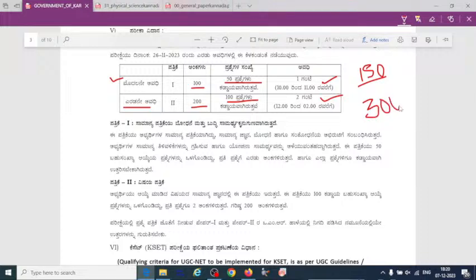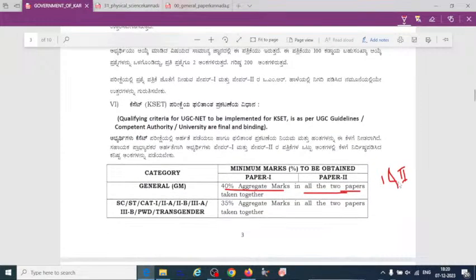So 40% means how many marks you have to score including paper 1 and 2 for GM? Around 120 you can take. So 120 marks you have to score for GM, and for the other category 35%, which means around 105 marks.